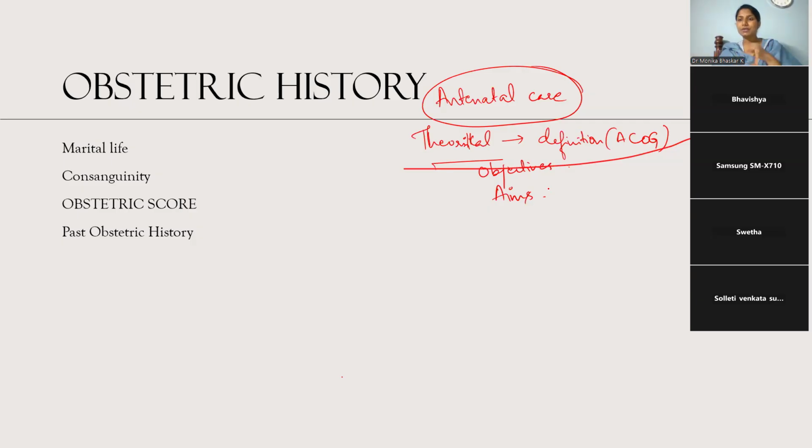So health education and health promotion both go hand in hand, and all these five or six aims and objectives are very important with respect to antenatal care. So this is given in your basic books like Datta or Williams. These antenatal care aims and objectives have been highlighted, and these might be asked in your exam.